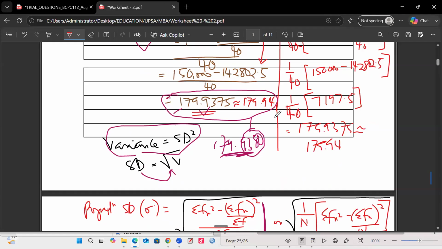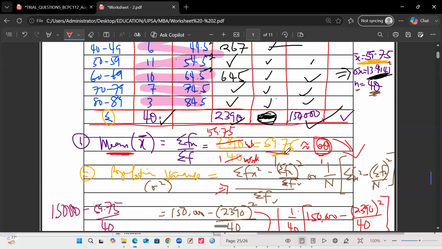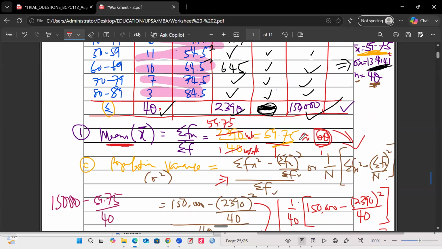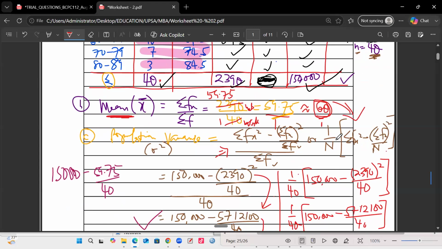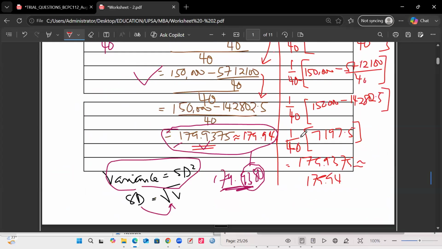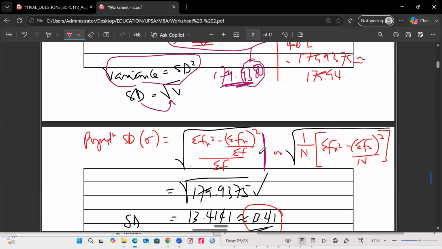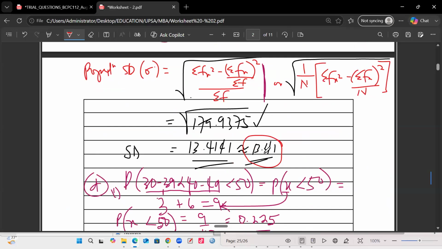So now let's put the two together. So we will say that approximately 60 units of the daily output are produced by a worker on the average, with a typical deviation of 13.41 units, or approximately 13 units from the mean.